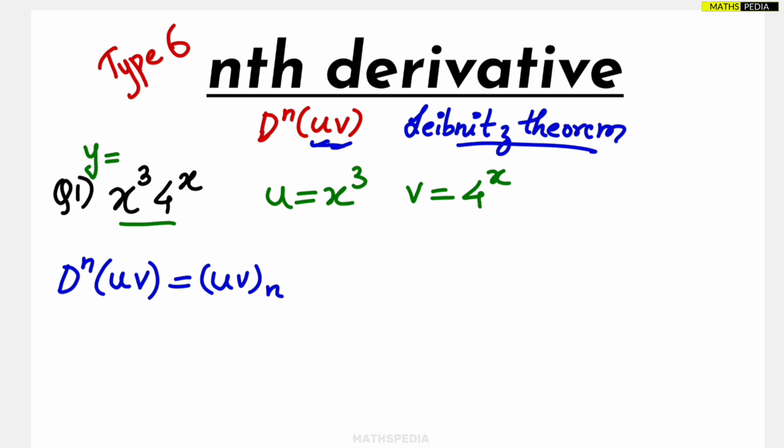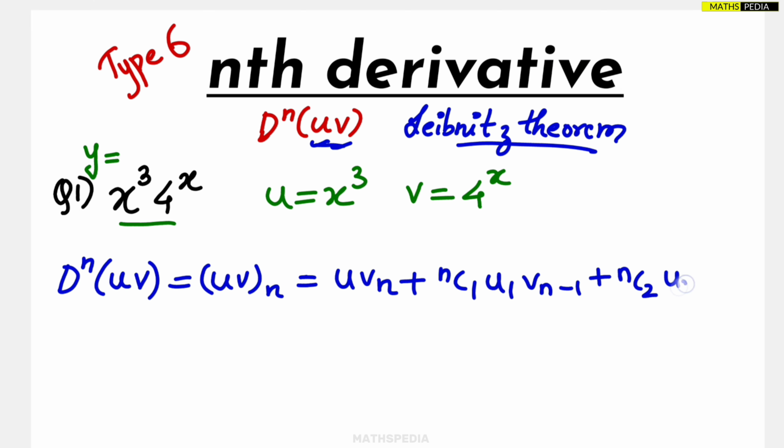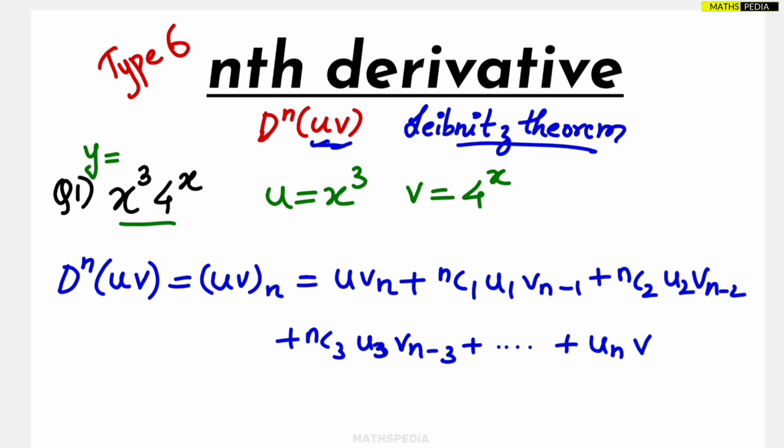We used to write the nth derivative yn, same thing, equal to, the formula is first function into nth derivative of second function, plus nC1 into u1 vn minus 1, plus nC2 into u2 vn minus 2, plus nC3 into u3 vn minus 3, plus so on till un into v. So this is the formula for that.